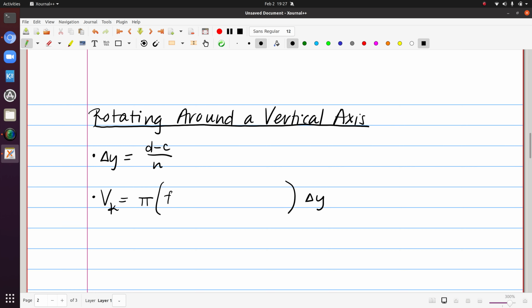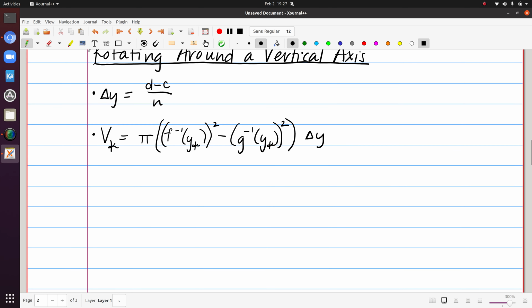So f inverse of y sub k, that's going to be my outer radius, so I square it. And by the same token, the inner radius would be g inverse of y sub k, and I square that as well. So the same exact structure as the washer that we got for rotating around an x-axis, but of course, very importantly, turning our view so that we're looking at the dependence on the variable y.